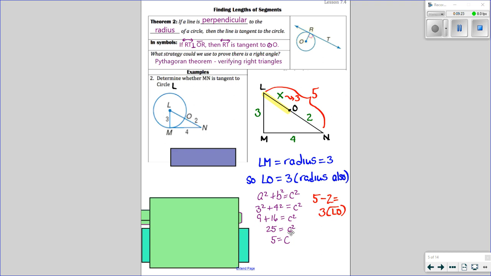You put in the 3, 4, 5 and see if it works, and it does. So this is a right triangle. So yes, MN is tangent. Going back to the theorem, if the line is perpendicular to the radius, then the line is tangent to that circle. So MN is tangent.